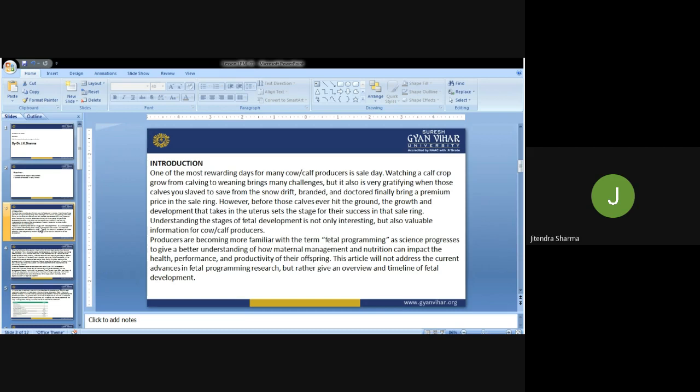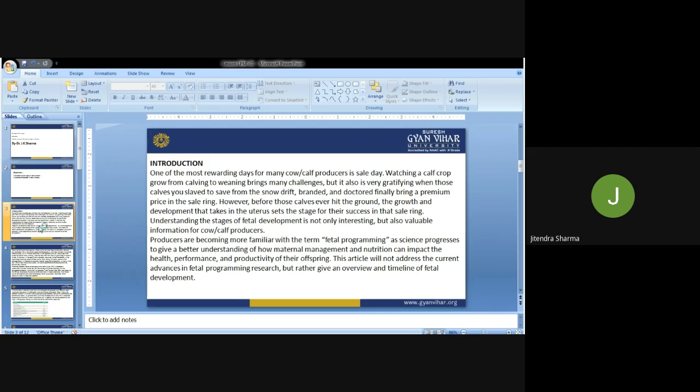However, before those calves ever hit the ground, the growth and development that take place in the uterus set the stage for their success in that sale ring. Understanding the stages of fetal development is not only interesting but also valuable information for calf producers.